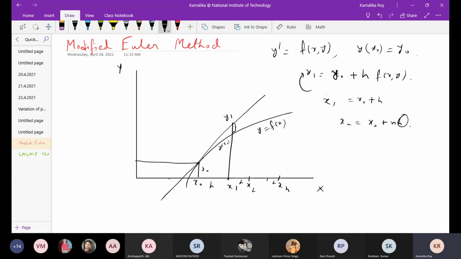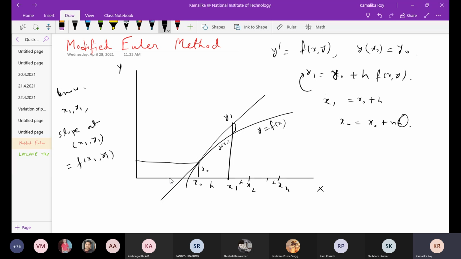Using this formula we can find y1. So now what information do we have? We have x1, y1 and the slope at the point x1, y1, which is f(x1, y1). So this we know.